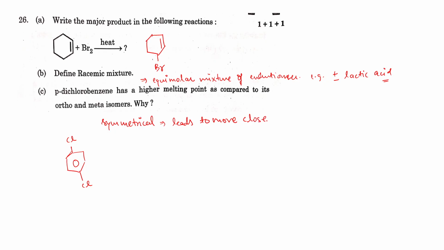Earlier there was a chapter on solid state. Close packing means the space between two molecules of the compound is very, very less. So they are densely packed, and when they are densely packed, they have high van der Waals forces of attraction, which gives them a higher melting point in comparison to ortho and meta, because they do not have that much close packing.